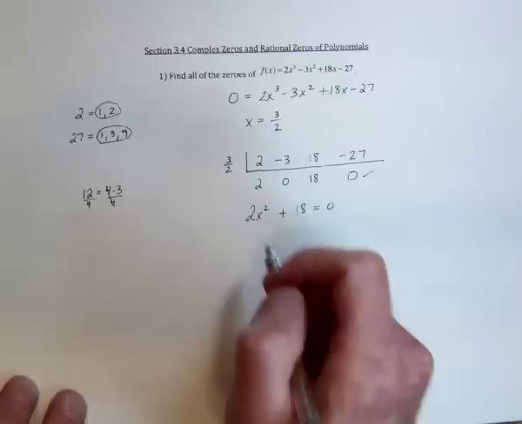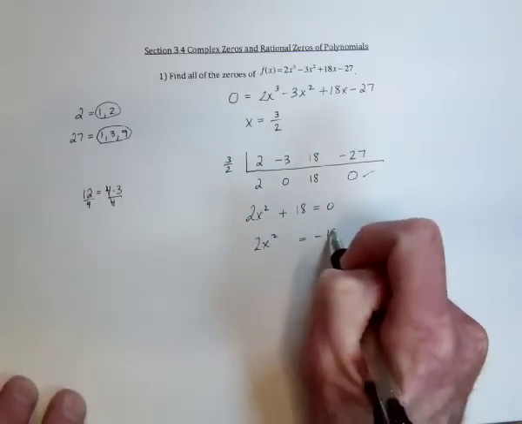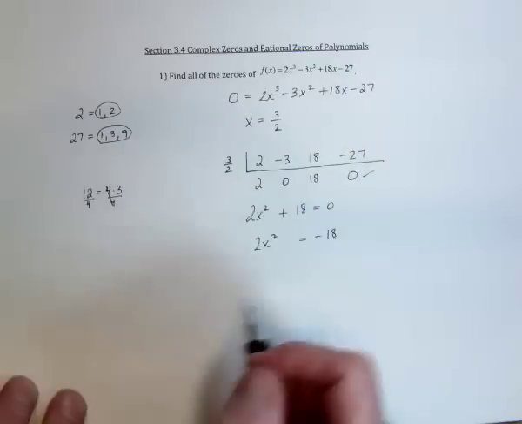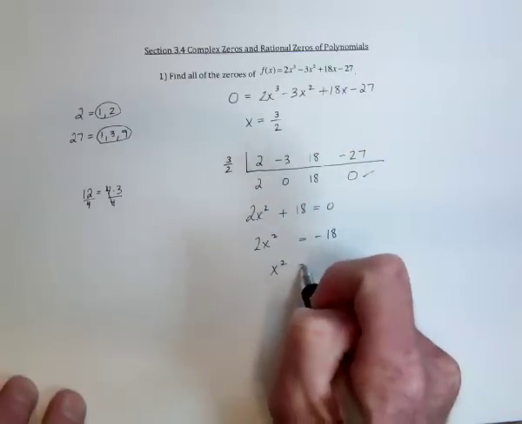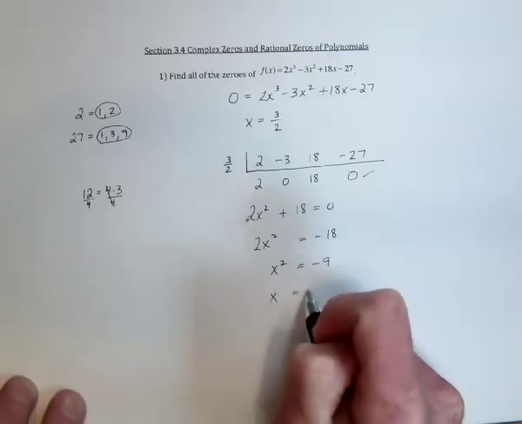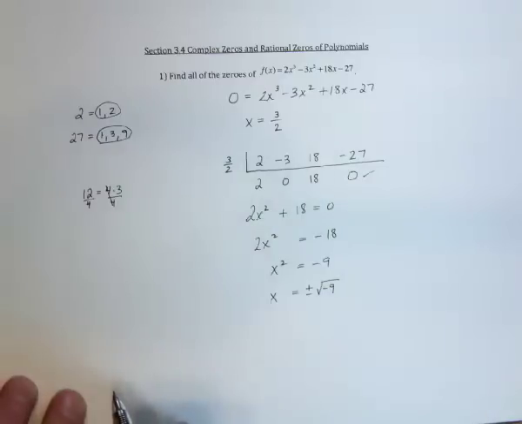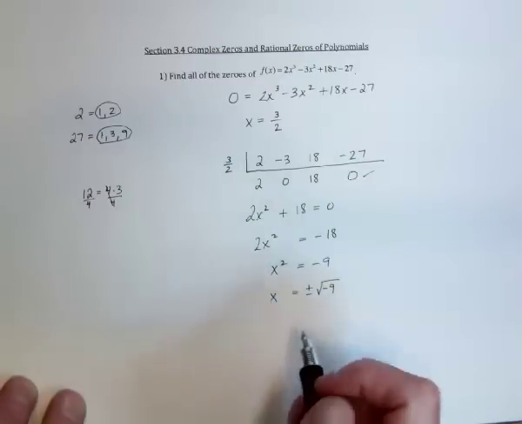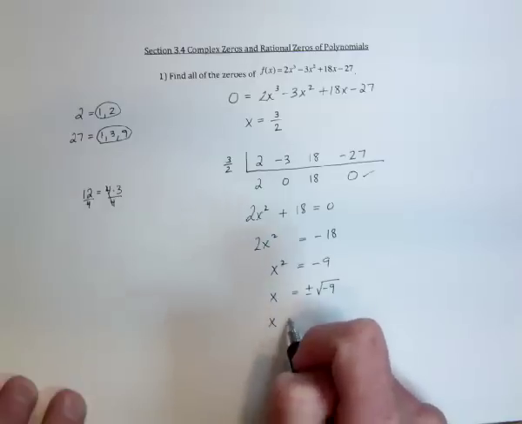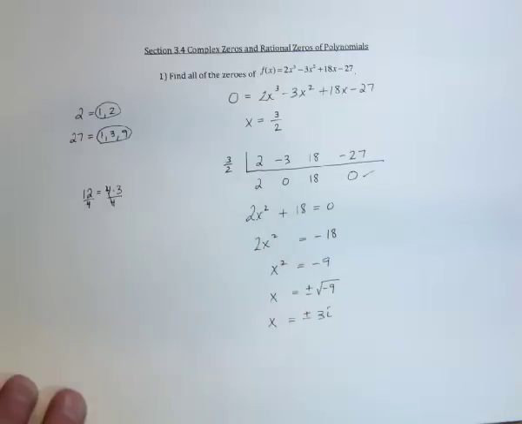So to solve for x, we can subtract 18 from both sides, divide by 2, and then take the square root. So we're going to have positive, negative, the square root of -9, which is a complex or imaginary number, pair of numbers. So it's going to be positive, negative 3i.